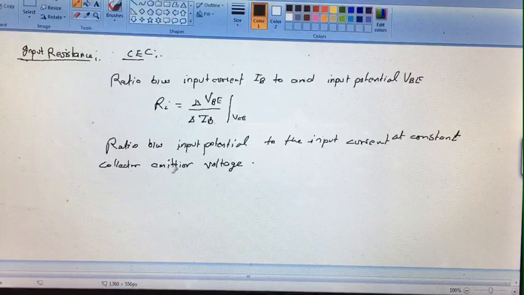The input resistance of common emitter circuit is much higher. Why?